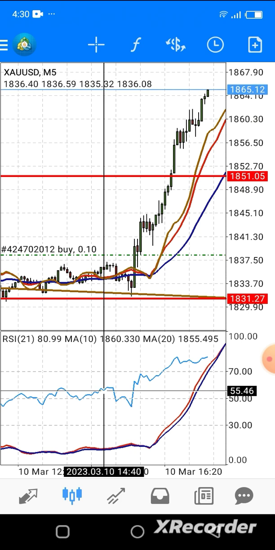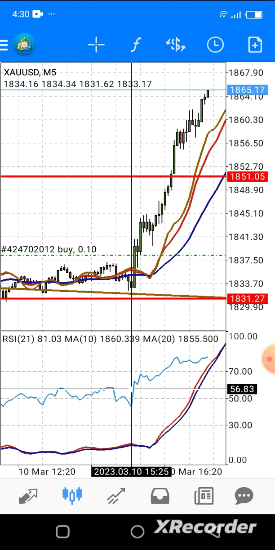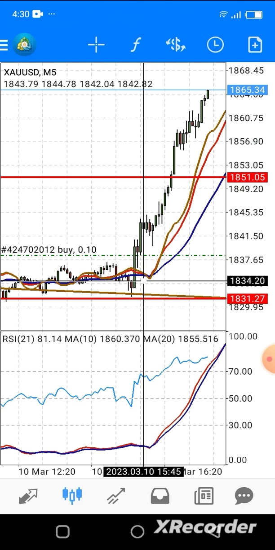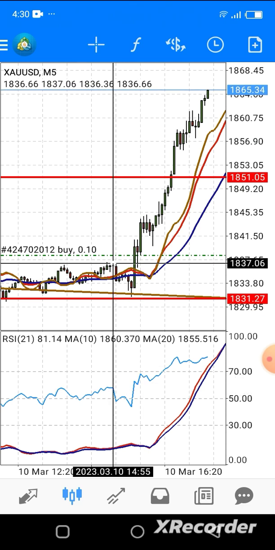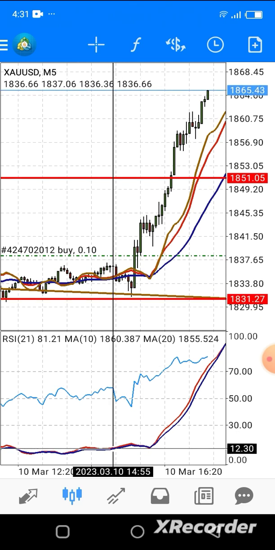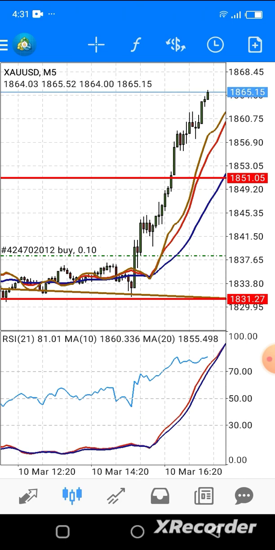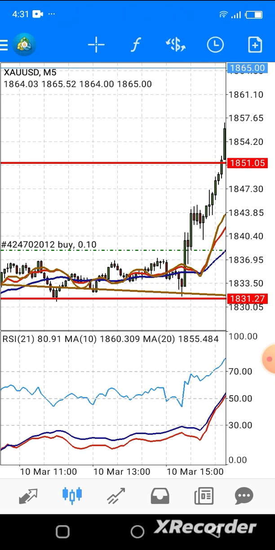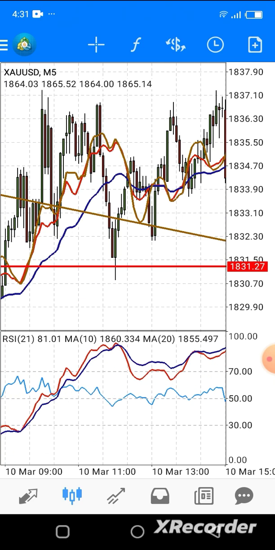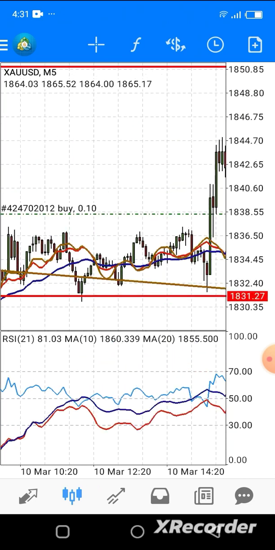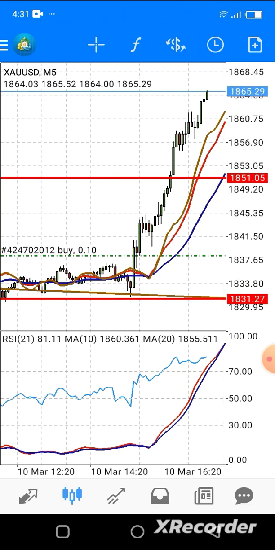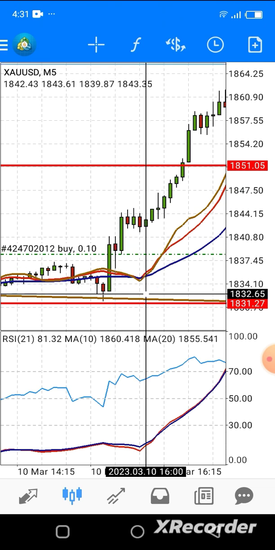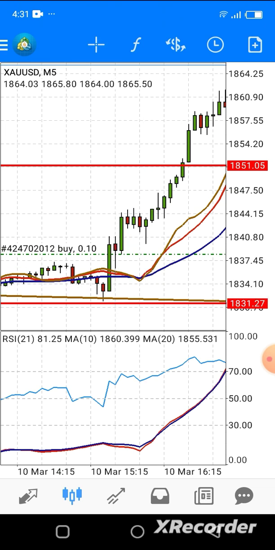Now, how do you know it's not a fake or false signal or false momentum? It is where this strategy comes in, this moving average comes in. As you can see, down here on the indicator window, I have two moving averages. At this point, a crossover happened.